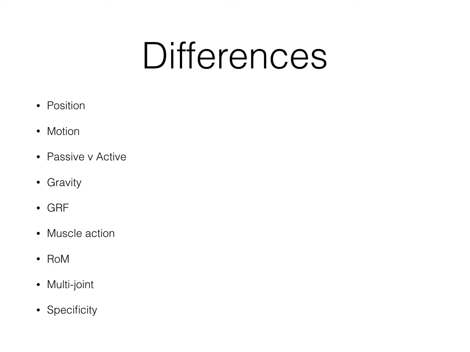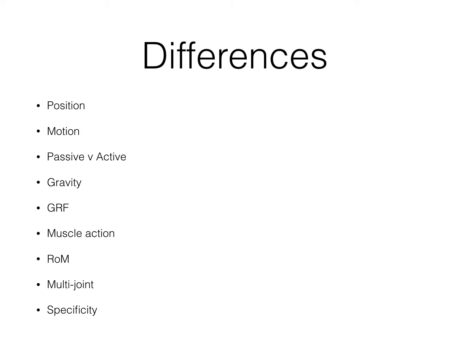Obviously the other things, when we're standing up, we have to deal with gravity in a different way to lying down. Ground reaction force, if we're looking at a movement-based scenario. The muscle action will also be different. So the muscle action from supine is very different to the muscle action if you're standing just looking at pure hip flexion. Obviously range of movement as well.